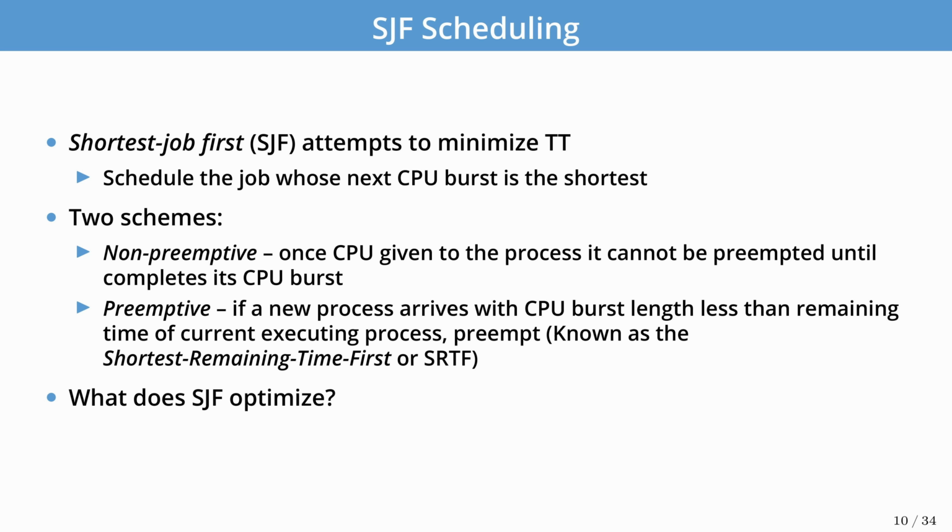In the preemptive scheme, which is similar to scheduling policies you'll see on modern computers, we'll give every task some amount of time to execute, and we'll try to run the task with the shortest remaining time. And if a different task has a shorter time, we'll try to preempt and give the CPU to that other task.